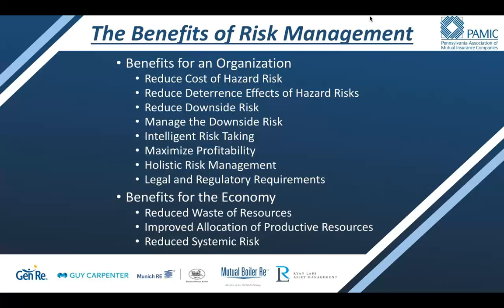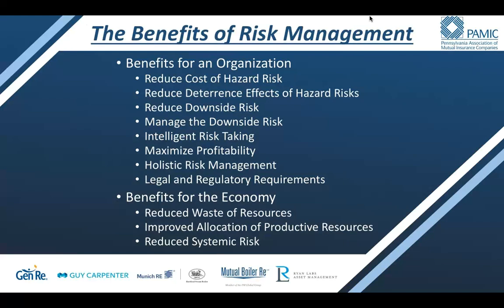If they're not doing it properly, they're going to expend more money to control these risks than they should, and they won't commit their productive resources in the proper scope of managing those risks.